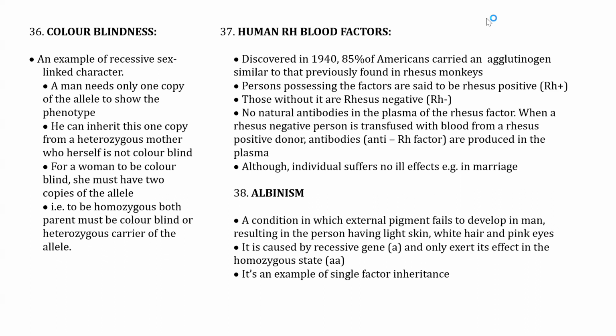If the woman is rhesus negative, in which the woman has antibodies, and the man is rhesus positive, there will be a problem, because for every sperm cell coming to fertilize the egg cell, antibodies will be produced, and there will be trouble, because they will feel that the sperm cell is a threat to their environment. So in marriage, they will advise that you cannot marry each other, so that there won't be complications.